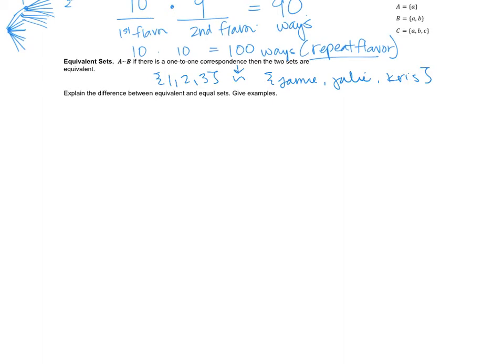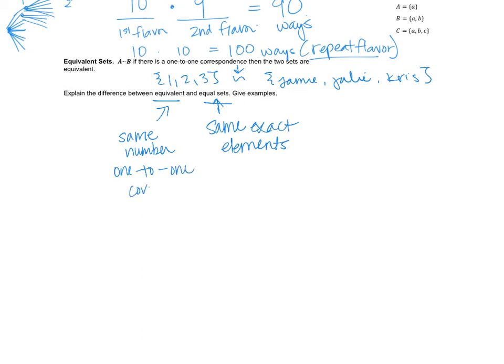So the difference between equivalent and equal: equal, they have to have the same exact elements. Equivalent really means it's the same number, so that you can have a one-to-one correspondence. And you can come up with some of your own examples here.